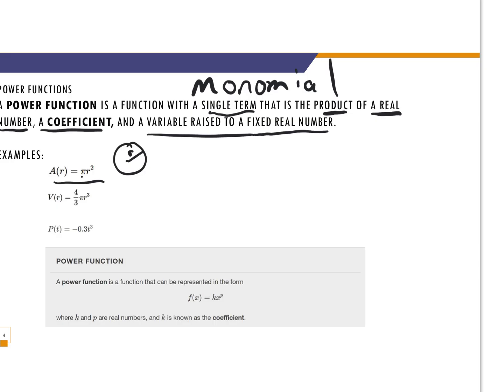Look at V of t. It has to do with a circle as well. It has to do with a three-dimensional circle, like that. Well, it's still going to have a radius there. There's still a radius from the center inside that balloon to the outside. So it becomes volume now.